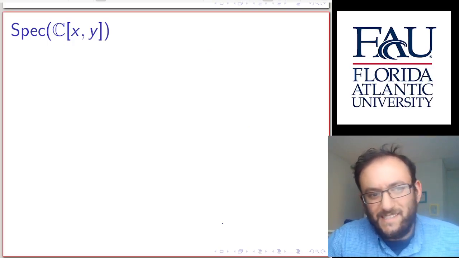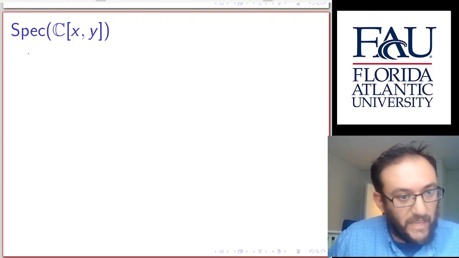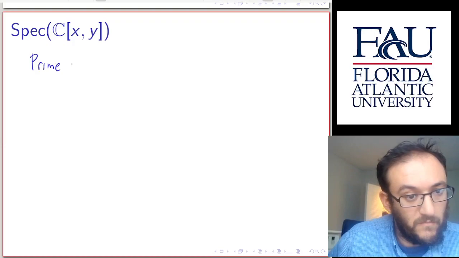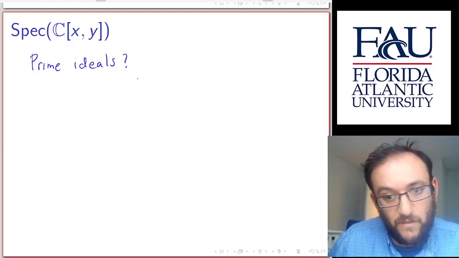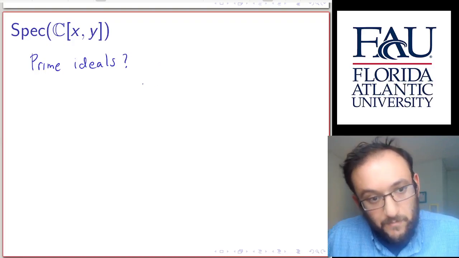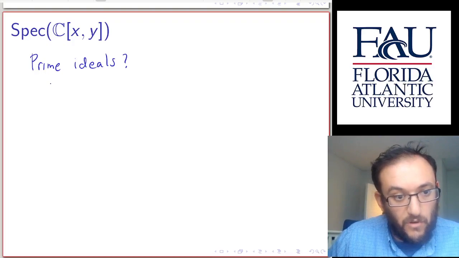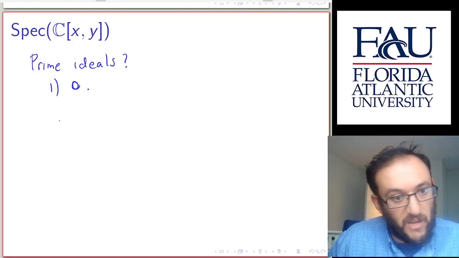Okay, how about Spec C[x,y]? So here, things start to get a little more complicated. What are the prime ideals here? Well, we always have the 0 ideal. In an integral domain, the 0 ideal is always prime.